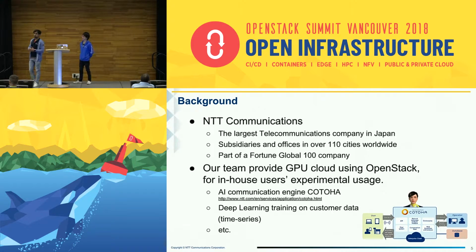For example, we have the AI communication engine called Kotoha, which analyzes written and spoken language with very high precision. It also has many other applications. If you want to know more about Kotoha, you can go through this link to learn how it works and its architecture.